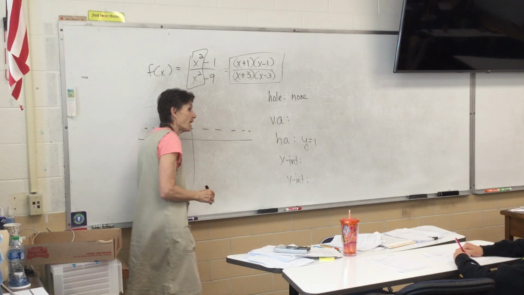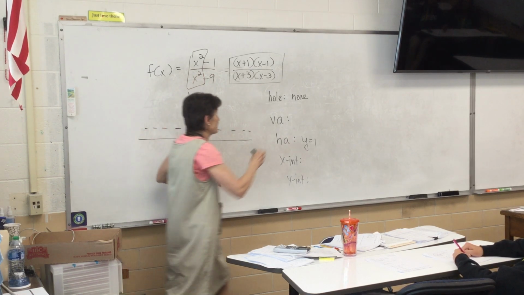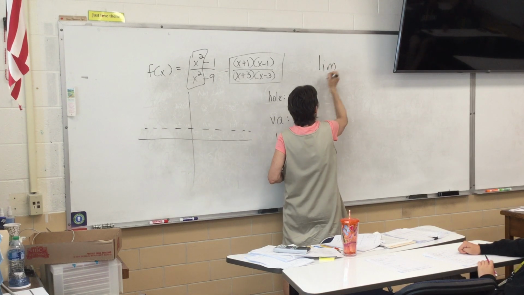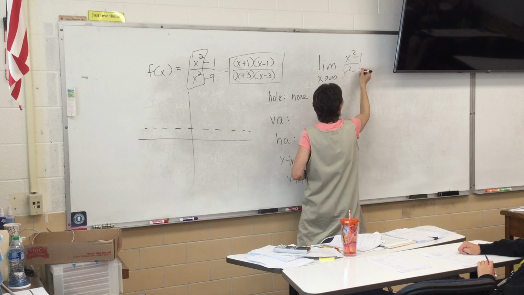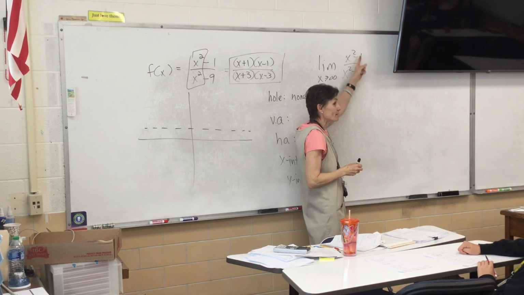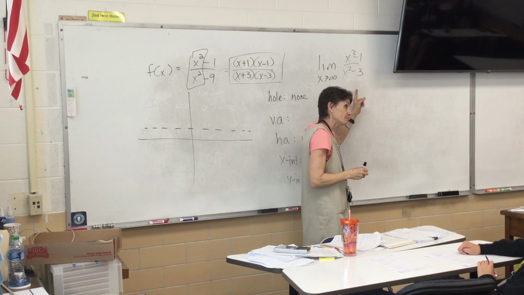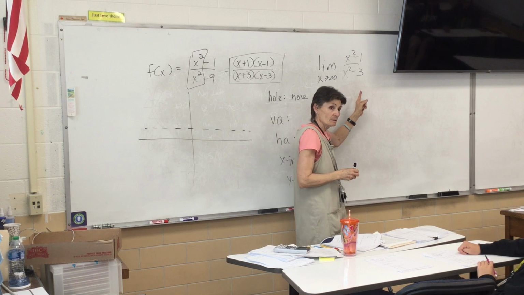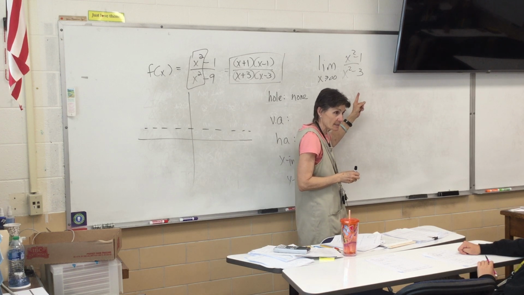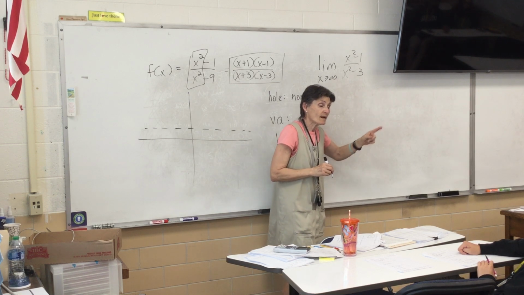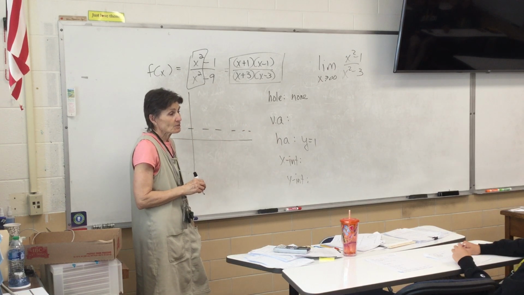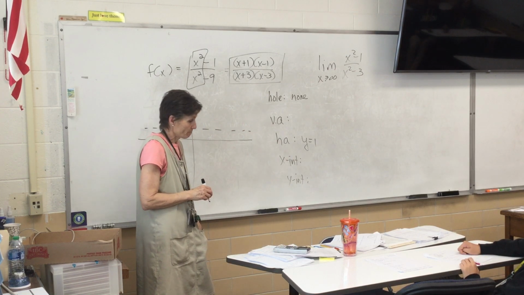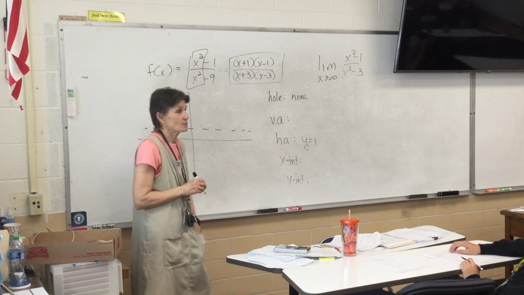To put that in context, if I said to you, what's the limit of x squared minus 1 over x squared minus 3, I hope you would tell me that the limit is 1. You had to do that on your quiz yesterday. The horizontal asymptote is the limit. All right, so we got that one down. Good. That was not one of our questions, though.